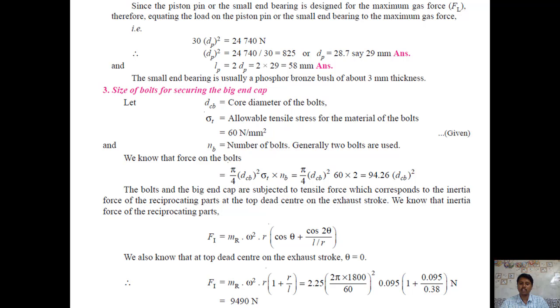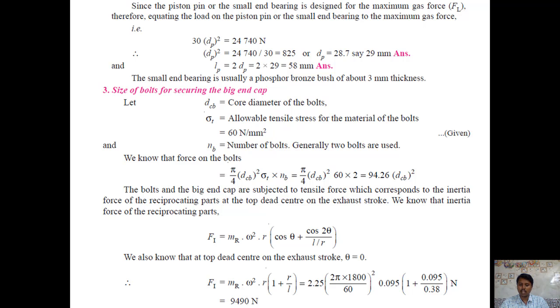That is the point where the exact push and pull force is happening, which is maximum compared to other points. Hence, consider theta equal to 0. So, substitute the theta value as 0. Now, Fi is m r omega square into 1 plus r by L.